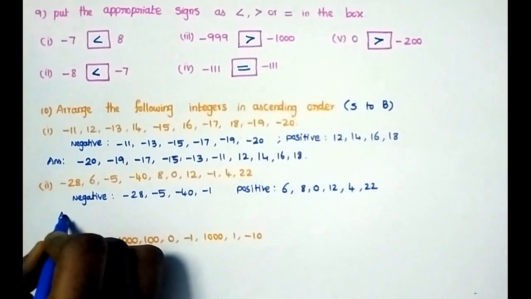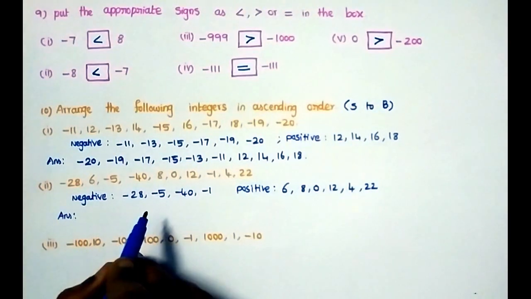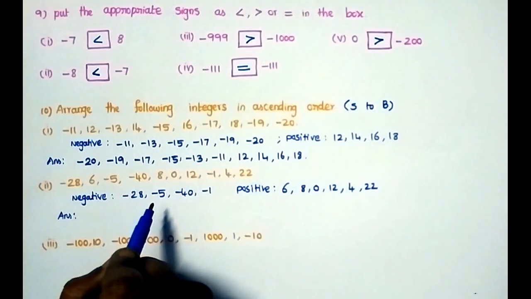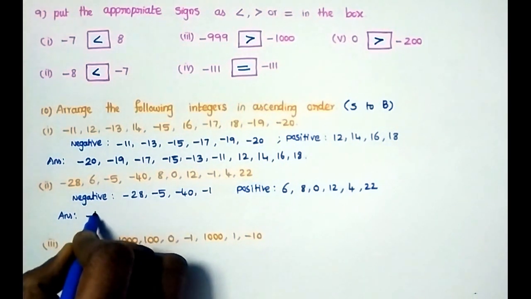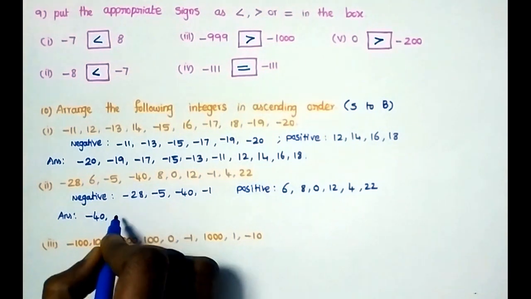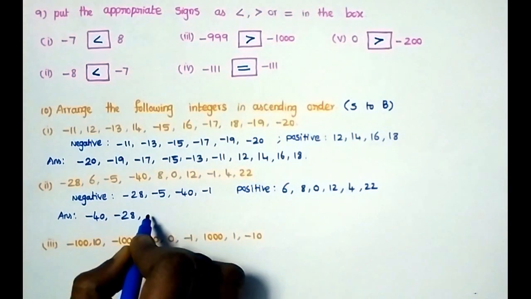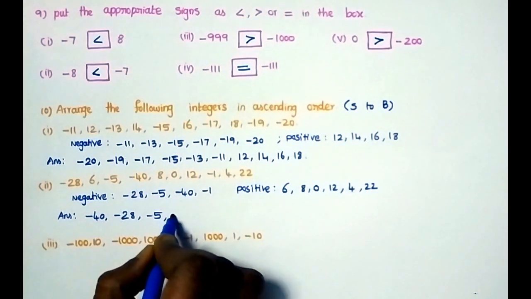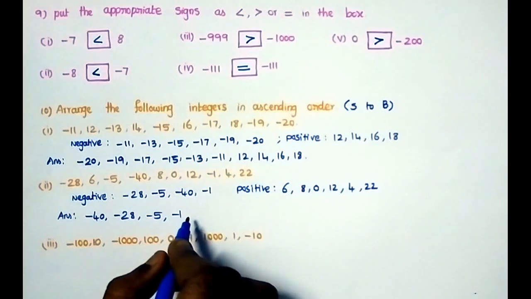Now the answer. In negative numbers, which one is the greater one, that is the smaller number. So minus 40 and then minus 28, minus 5 and then minus 1.